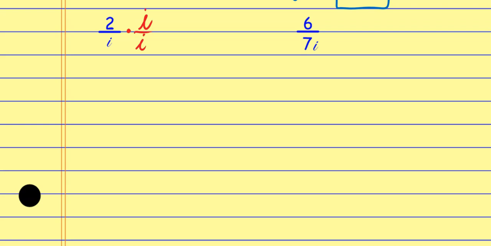And so what happens is this. I get 2i over i squared. And so the concept of i squared, this is the thing that we have to worry about here. The i value is really the square root of negative 1. And so the idea here is that when I square that thing, the square root cancels out. And so i squared is actually equal to a negative 1, all right?